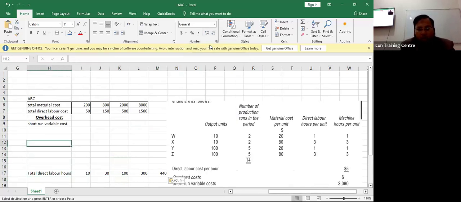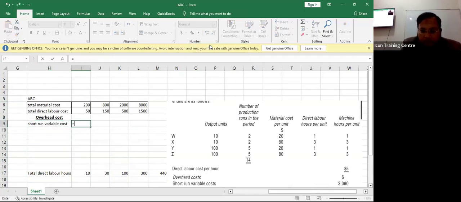So the short-run cost will be 3080 divided by 440 multiplied by 10, because how many hours are we consuming for W? Only 10 hours.